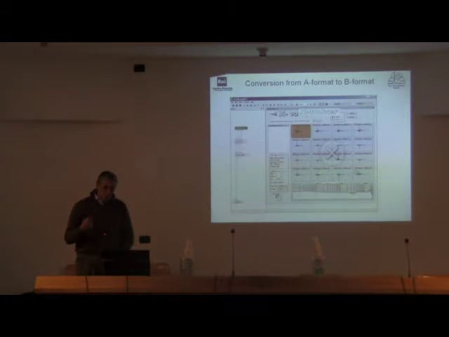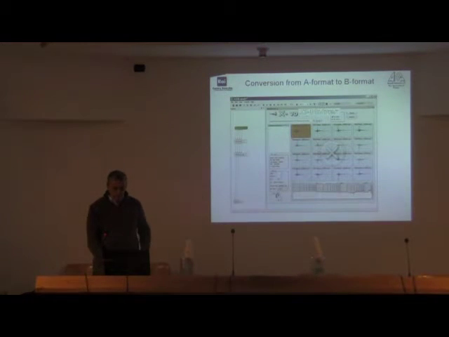The signals have to be converted to B-format. We do this virtual microphone rendering by means of a matrix of 16 FIR filters. And for implementing these filters in real time, we developed a free VST plugin, which is called Xvolver, and which you can download from our website. So if you go on my website, you will be able to download this VST plugin, which can have any number of inputs and outputs, up to 32 inputs and 32 outputs.